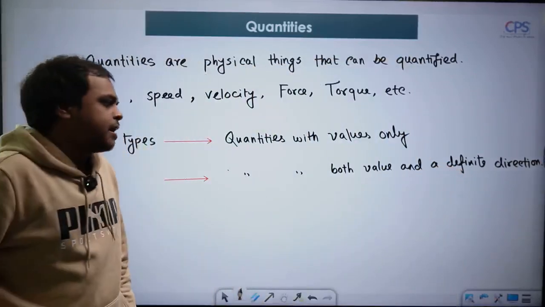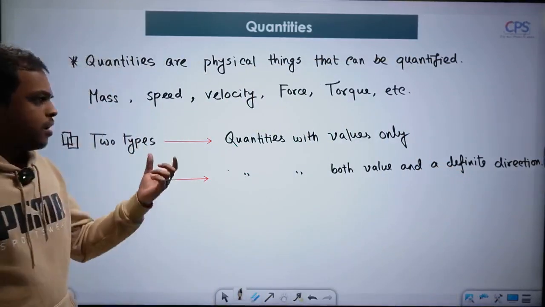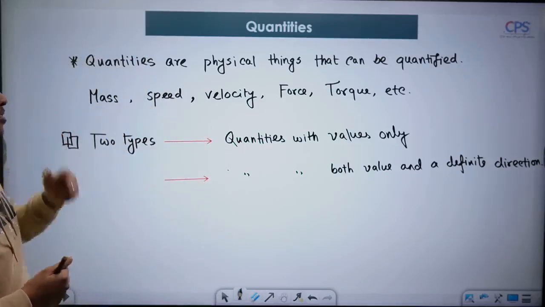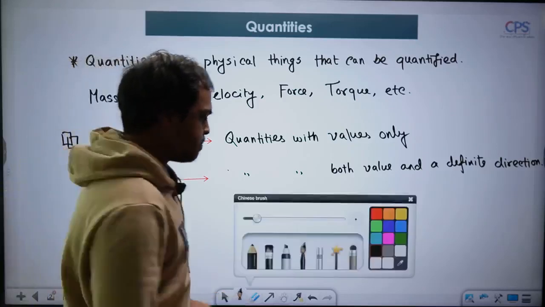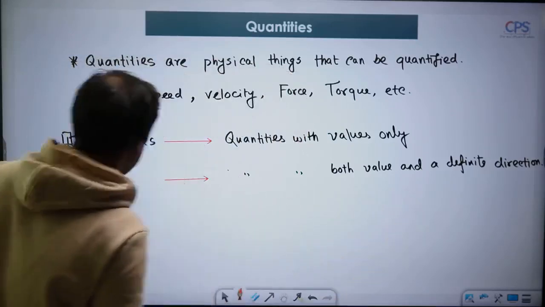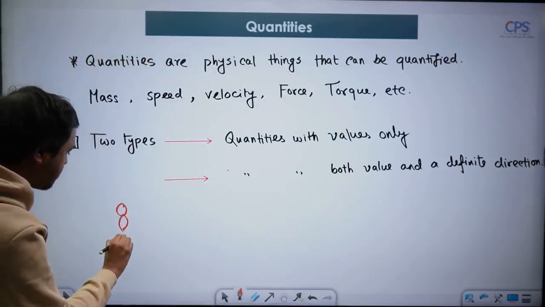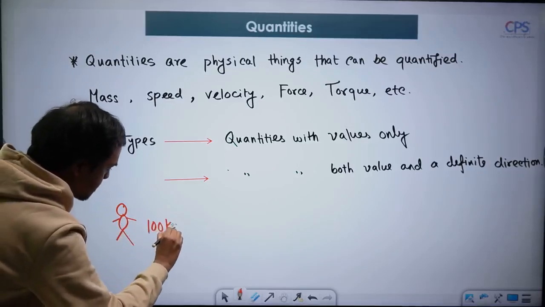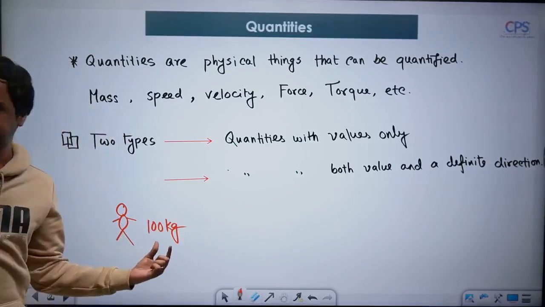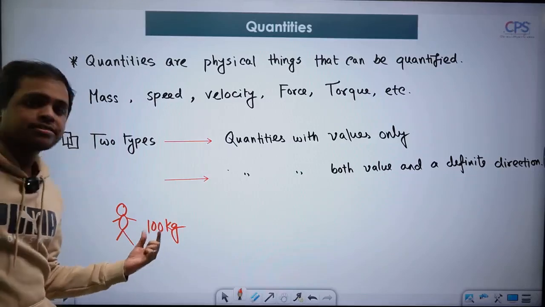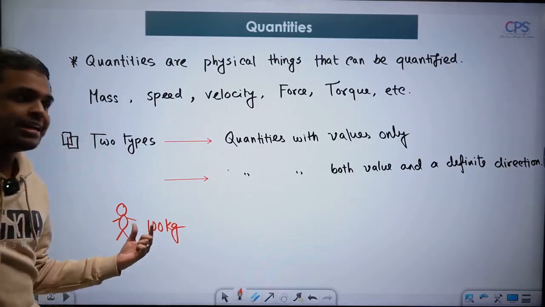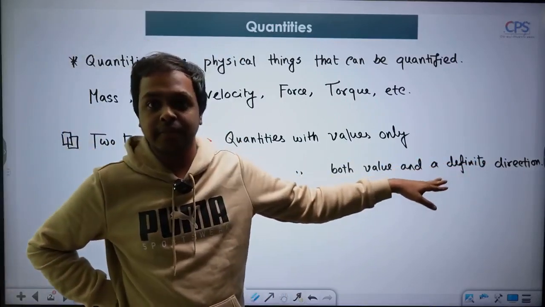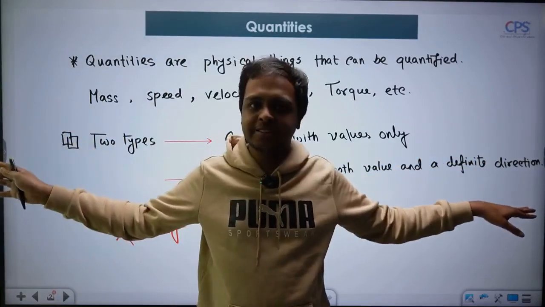Okay, let's make things easier for you. Quantities with value only, like in those examples, mass only has a value. Let's say this person has a weight of 100 kgs. Okay, his mass is 100 kg, but it has only the value, not any direction. We can't say that in the right direction he has mass of 100 kgs and in the left direction he has mass of 50 kgs.